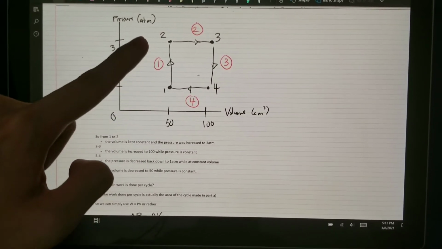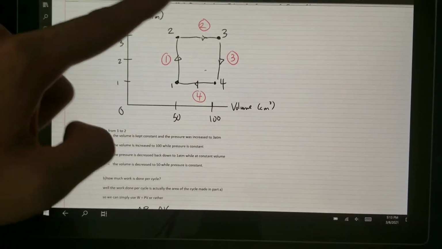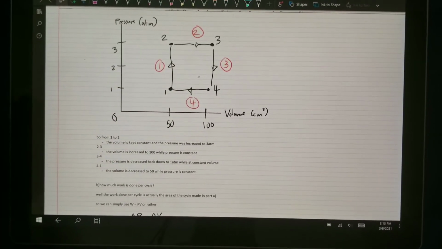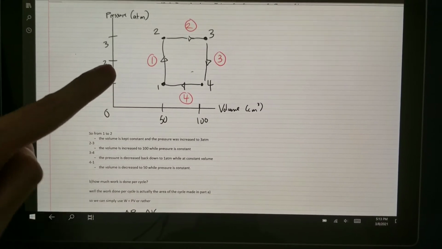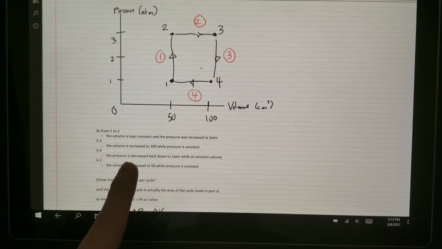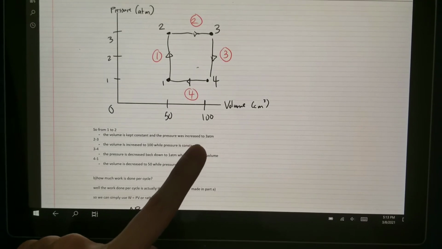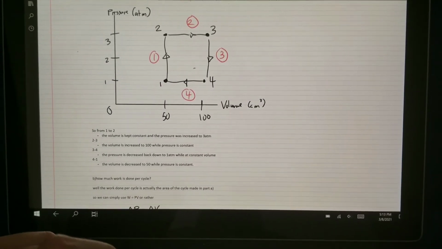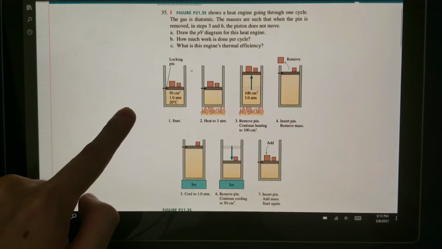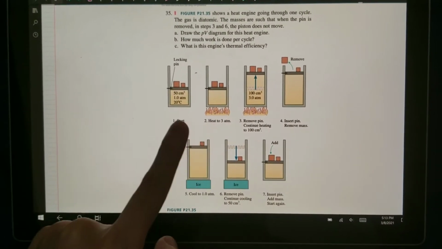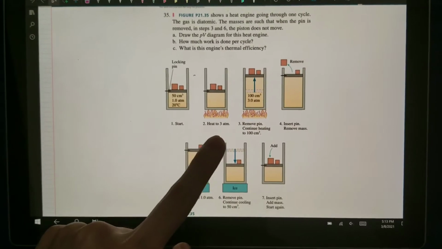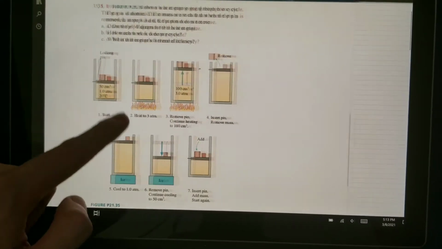Going from phase 1 to 2 to 3 to 4 in a cycle, as shown in the diagram right here. From steps 1 to 2, the volume is kept constant and the pressure was increased to 3 atmospheres. The locking pin is still in place, but it got heated up to 3 atmospheres of pressure.